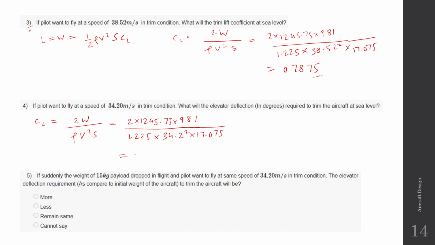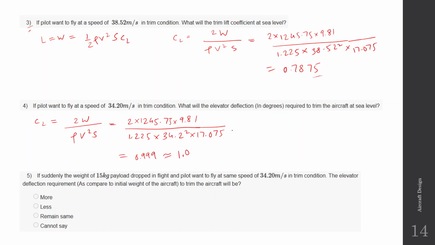So for this, we get a CL of approximately 0.999. We can say that the CL has to be 1.